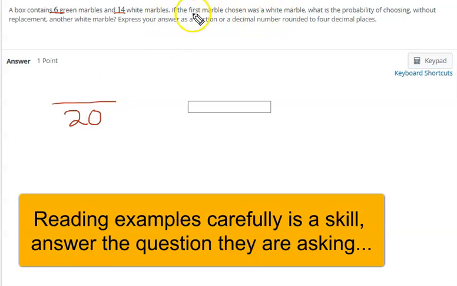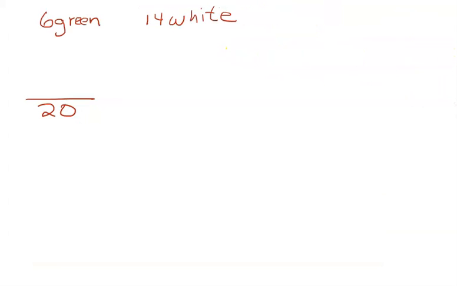Now, if the first marble chosen was a white marble, and this one's a little tricky too, because they're not asking that you're first going to select a white. What's that probability? They're saying you have already picked a white. So, again, this is tricky.